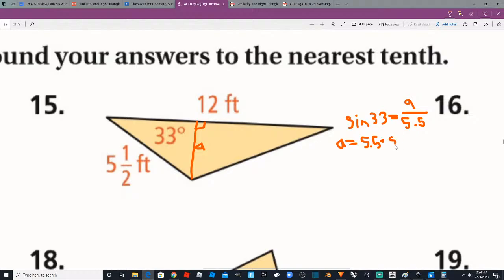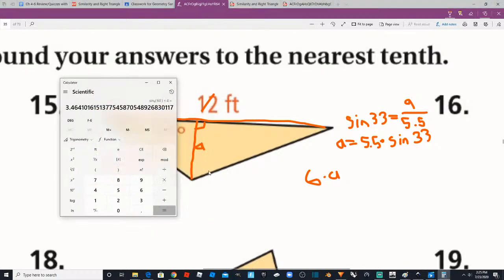So A is equal to 5.5 times sine of 33, and we can actually divide this into 2, because it's 1/2 base times height. We take 1/2 of the base, and we'll get 6 times the altitude.